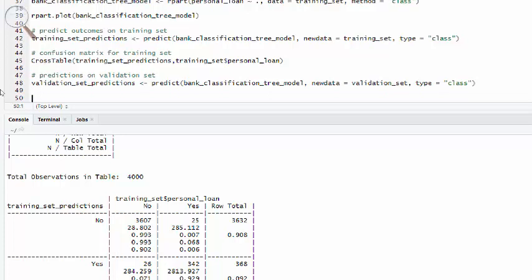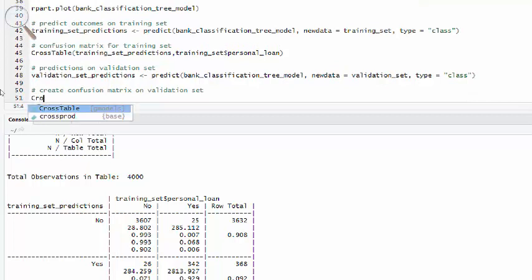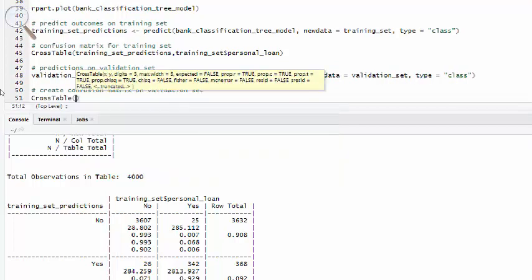And now I'm going to create a confusion matrix on the validation set. And that would be a cross table, right? Just like what we did before. Cross table of what and what? Validation predictions versus? Excellent.